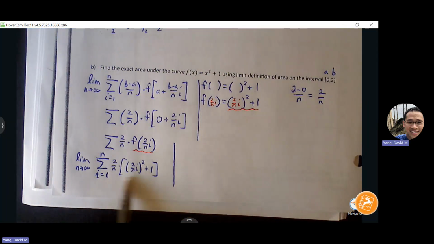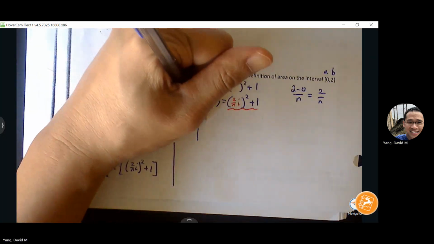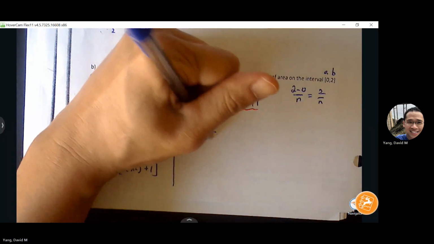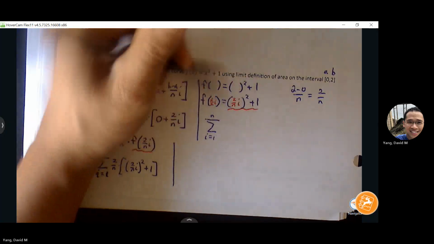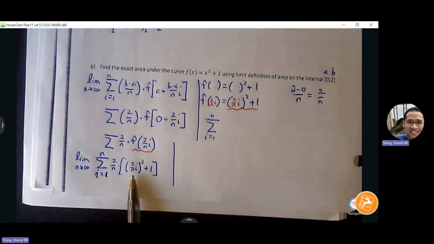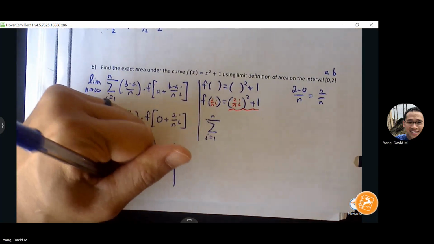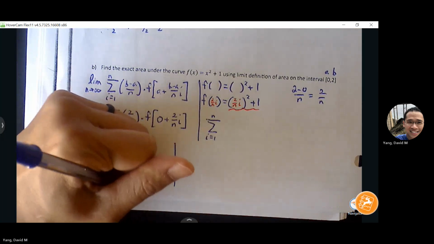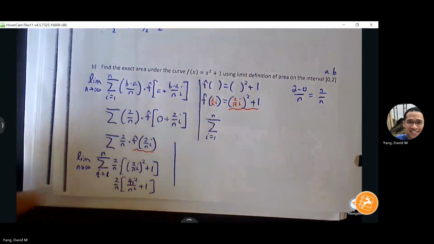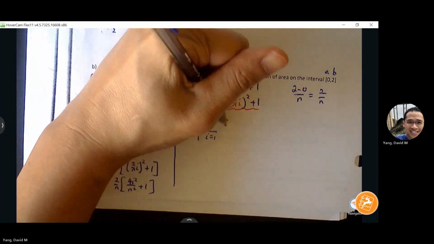Okay, I can distribute this. We can fold this out and distribute this through here. So this becomes 4 over n squared i squared plus 1. Distribute that through.